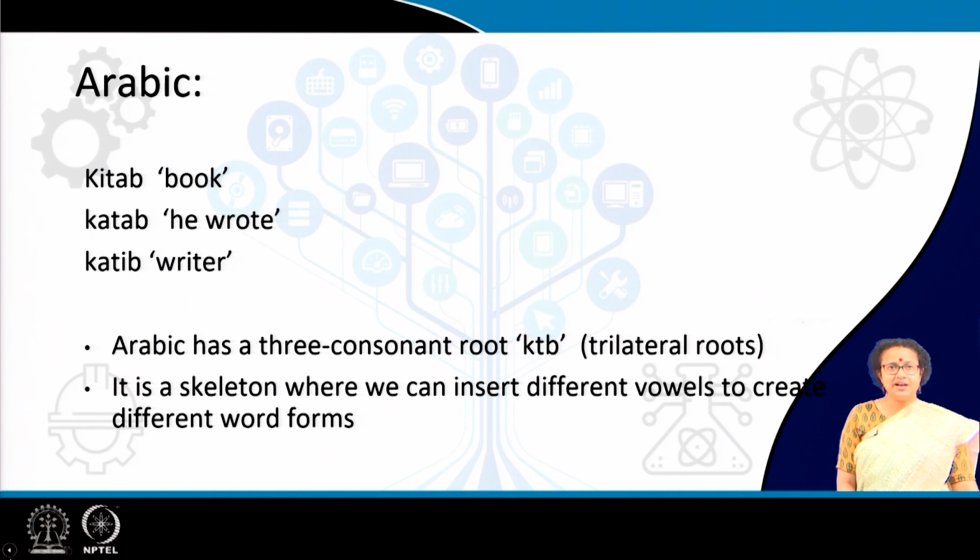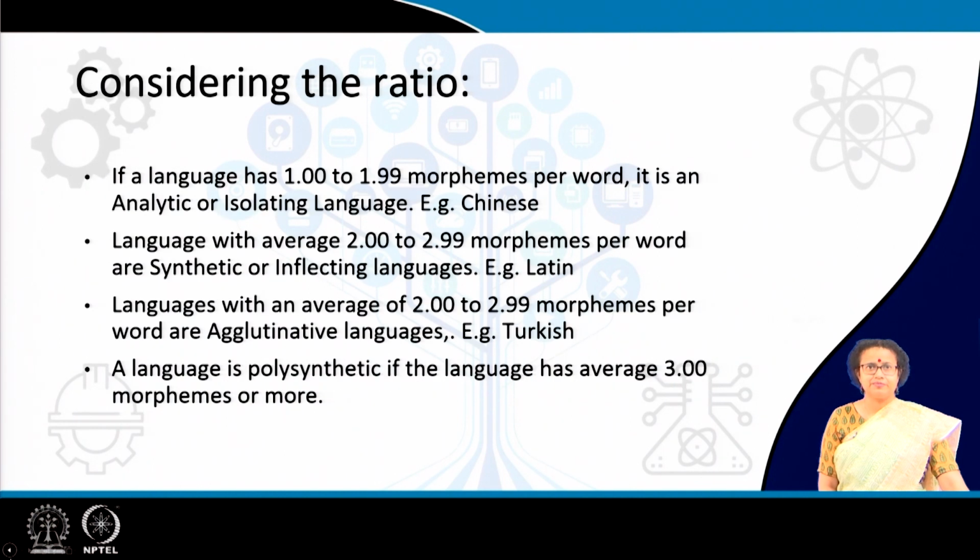The examples that I have mentioned here are kitab, katab and katib: book, he wrote, and writer. You have the same root K, T and B, and you insert different vowels in the skeleton in order to create different word forms. This is basically the templatic type.